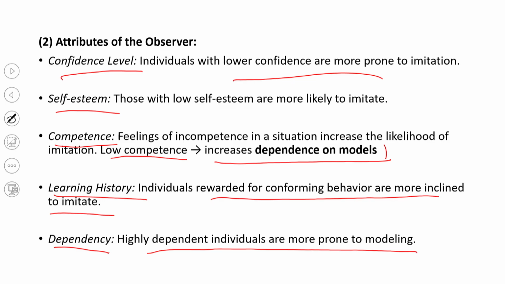If you cannot decide anything on your own, you always depend on someone else to make decisions and so on, then you will always look at what others are doing, then you will try to copy that. So, those factors will also determine whether the person will imitate or model someone else's action or not. So, these are factors within the observer.